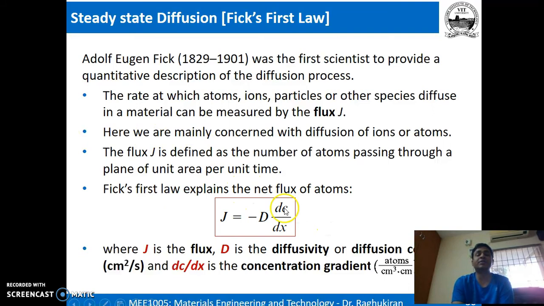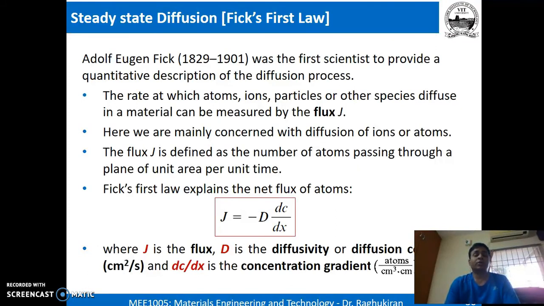By the way, this equation was coined by Dr. Fick, a famous scientist, and we always call it Fick's law. He worked a lot on diffusion and its kinetics. In fact, he proposed a set of laws that govern steady state diffusion.